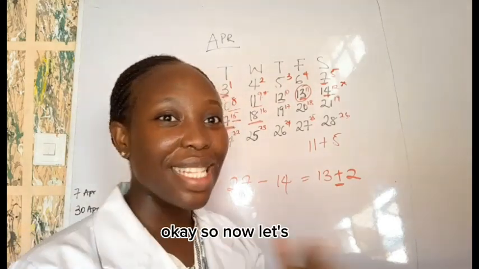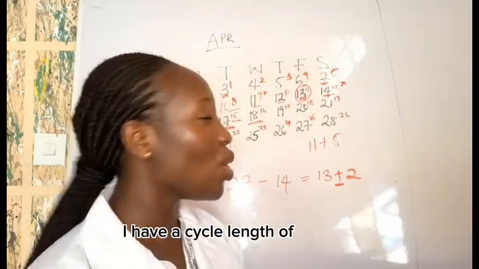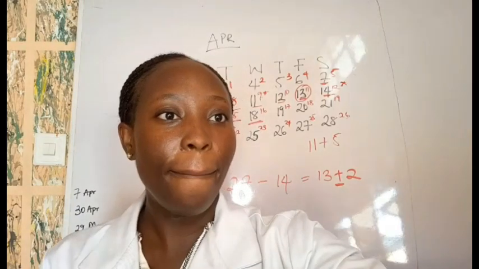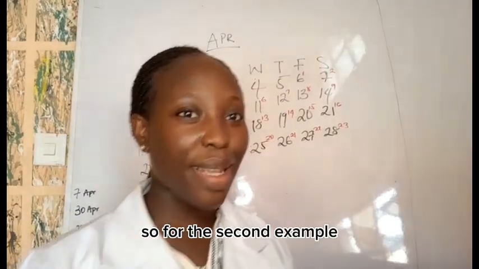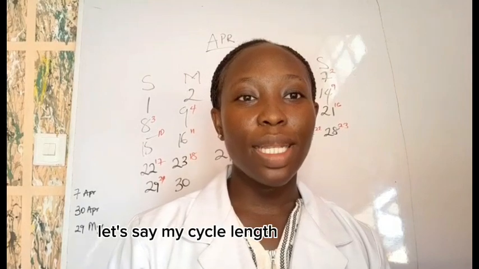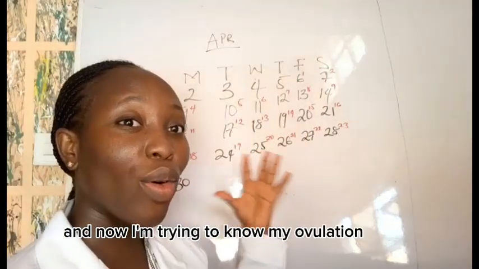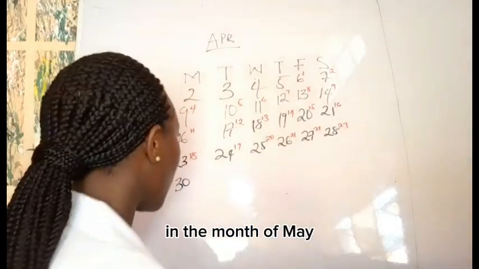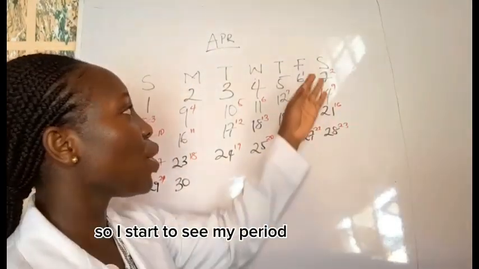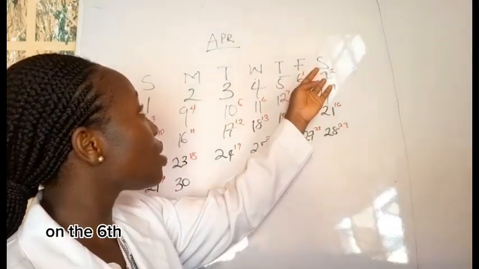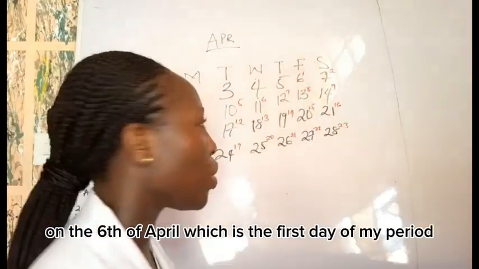Okay. So now let's say I have a cycle length of 24 days. For the second example, let's say my cycle length is 24 days, and now I'm trying to know my ovulation period in the month of May. So I start to see my period on the 6th of April, which is the first day of my period.